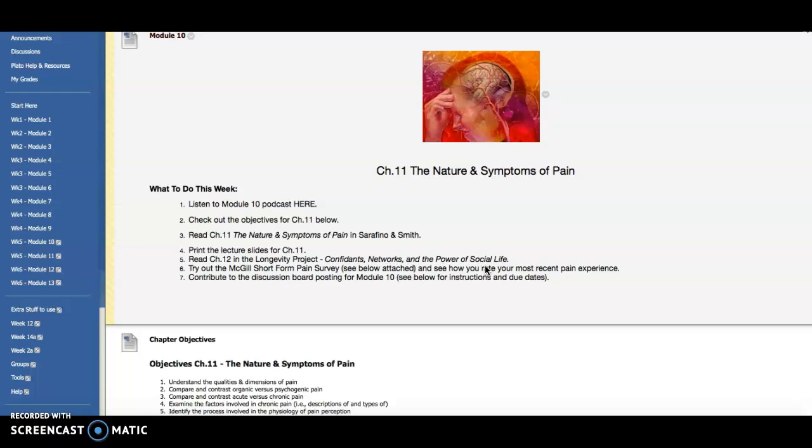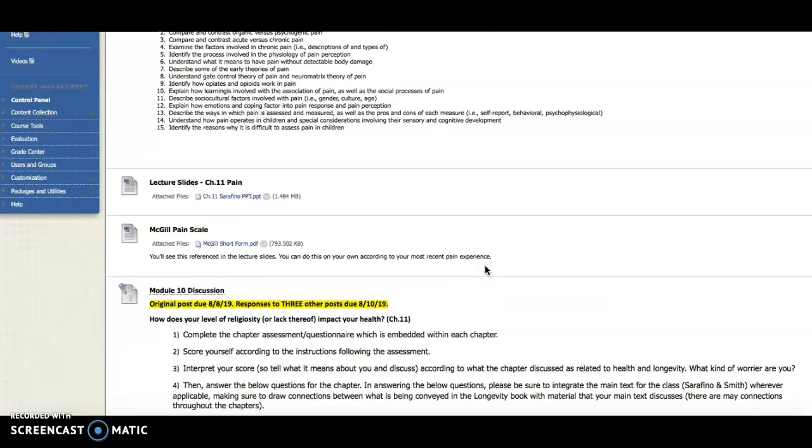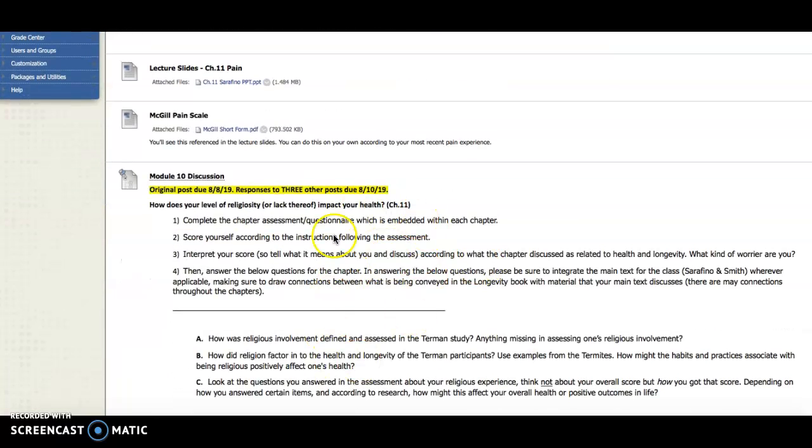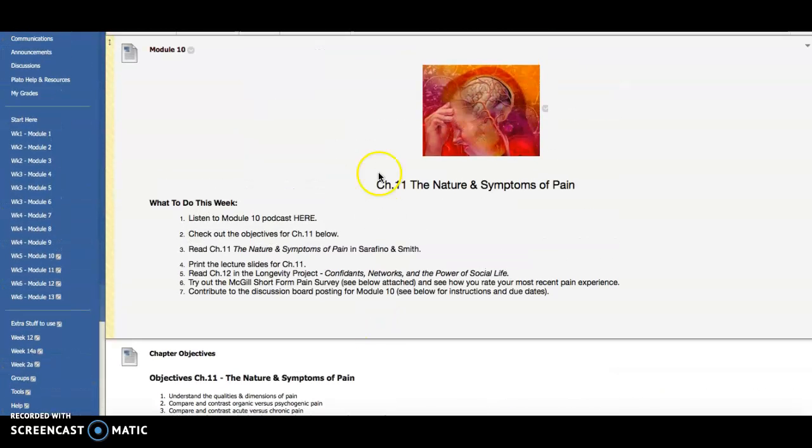In the next module, we're going to see a doctor who's taking principles from Buddhism of meditation and uses it to his advantage with his patients to get them to experience less pain. And so it's just a really cool thing, and it's a way to bridge what you're reading in the Longevity Project with what's being talked about in the main text.